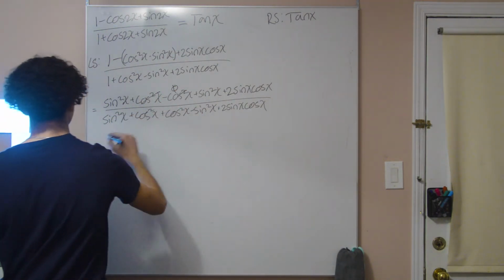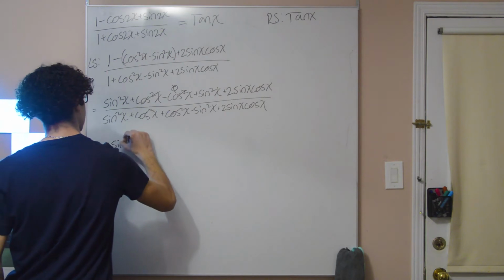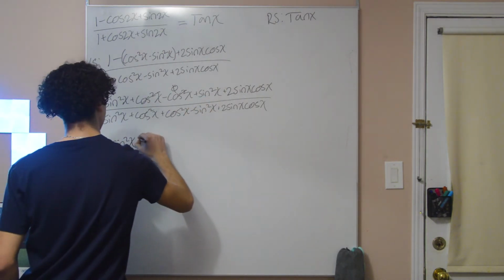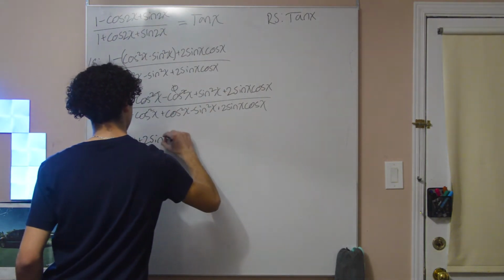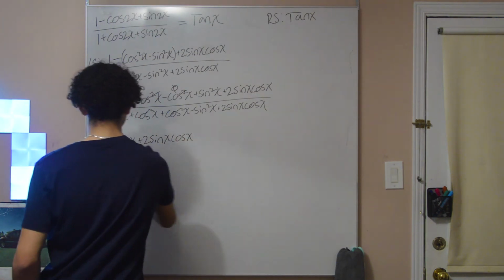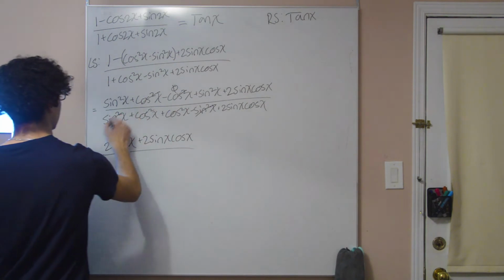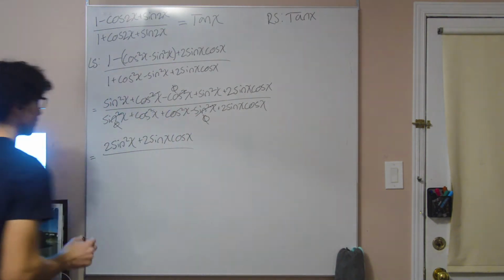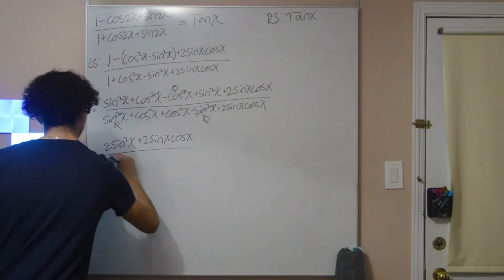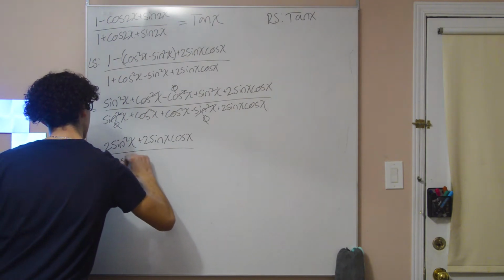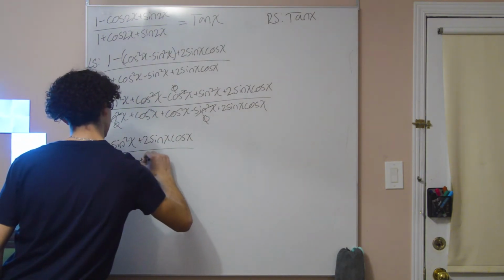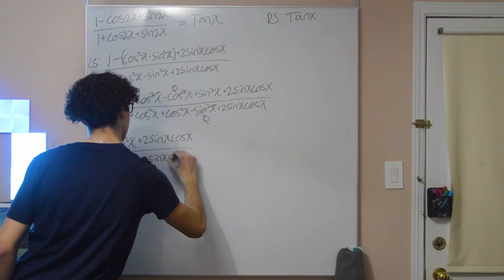Sine squared x plus sine squared x becomes 2 sine squared x, and that stays as plus 2 sine x cos x. Now let's look at the bottom. Sine squared x minus sine squared x cancel out. Those two zero, and cos squared x plus cos squared x becomes 2 cos squared x plus 2 sine x cos x.